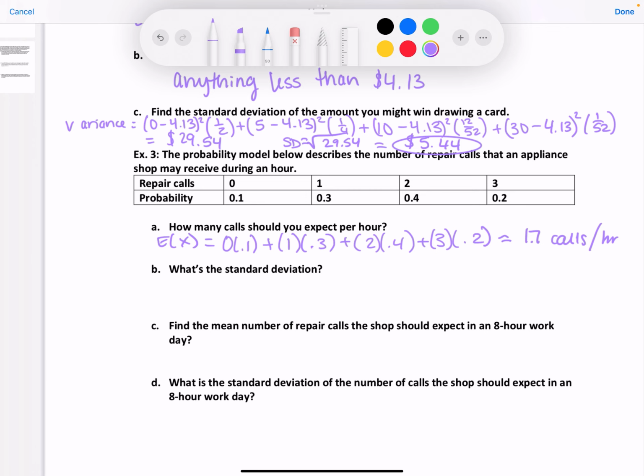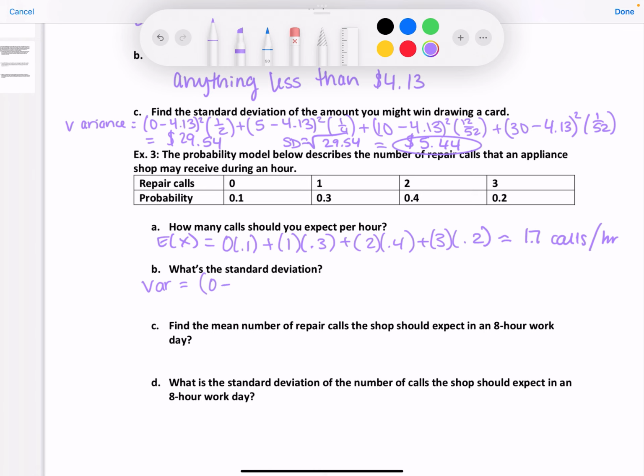So then for standard deviation, well, we have to find the variance first. So variance is going to be the number of repair calls minus the expected value squared times the probability.